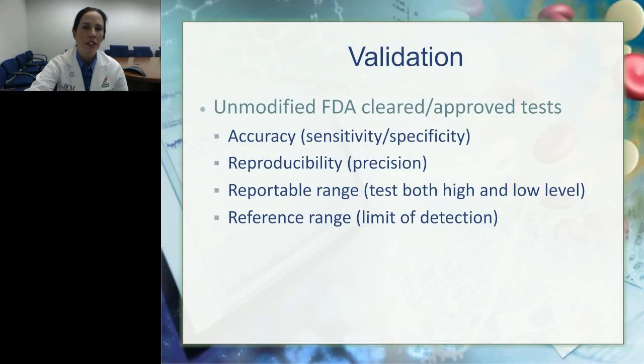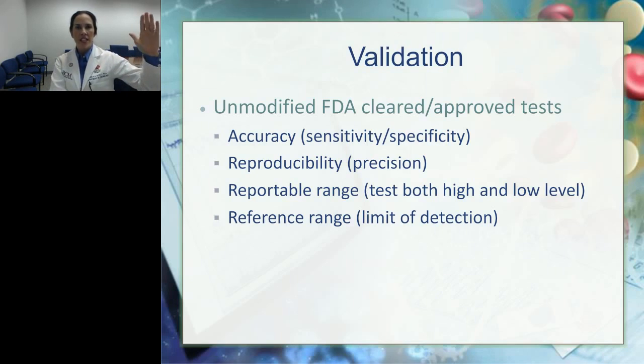The accuracy in this case simply means agreement. So you need to show that if the company says this test is positive in the company's hands, then you need to be able to come up with the same result. Reproducibility simply means precision. So if Tech A does it and Tech B does it and they both do it 5 times, it's the same answer all 5 times.